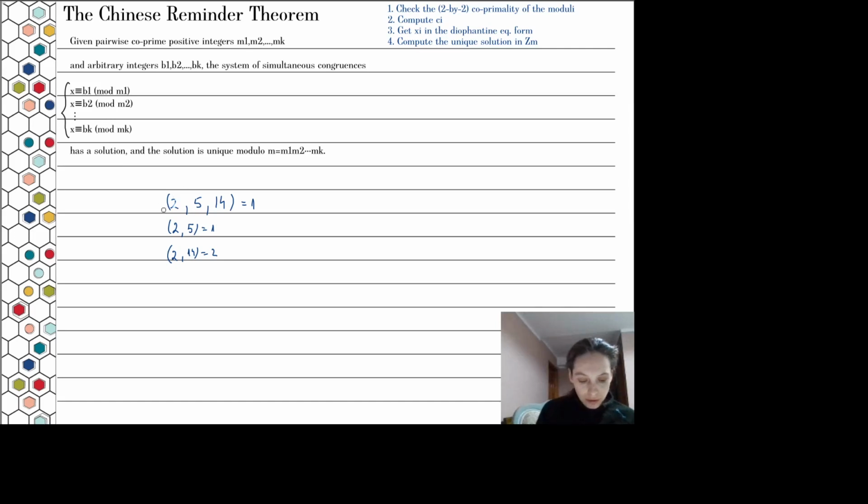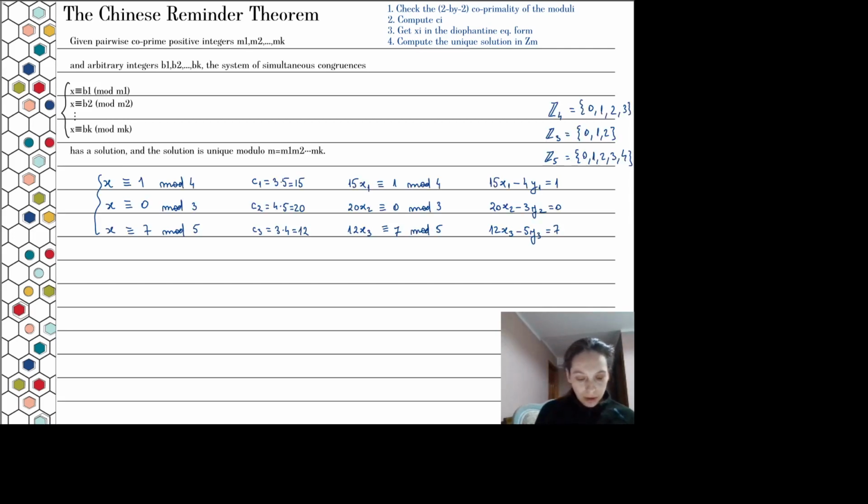So be careful with this aspect. Okay, so in the Chinese remainder theorem, we need the moduli to be 2 by 2 co-prime, and we will have an example here.